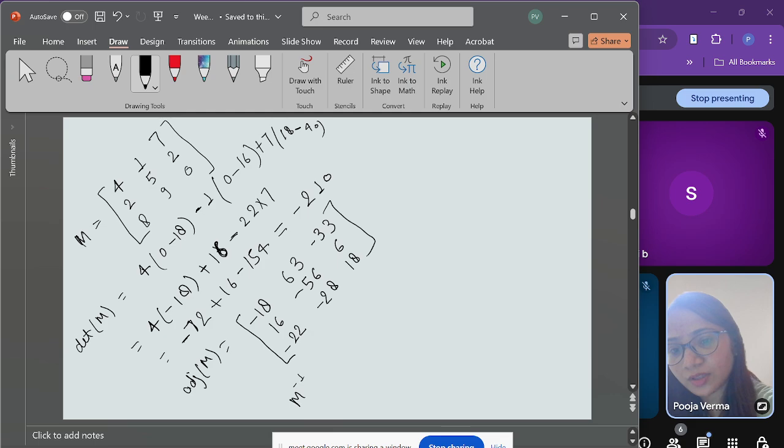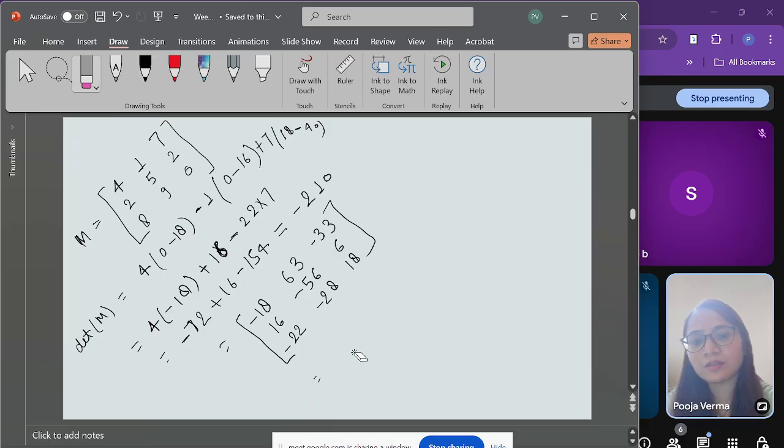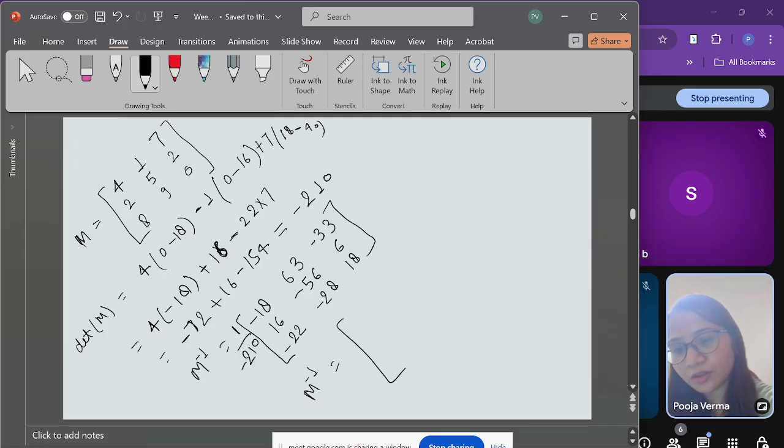So M inverse is calculated by 1 by the determinant that we have got, minus 210, and the adjoint of this one. So I am just writing it here directly: M inverse is 1 by minus 210. Now if you multiply it in this matrix, you will get 3 by 35 here, minus 3 by 10 here, and 11 by 70 here.